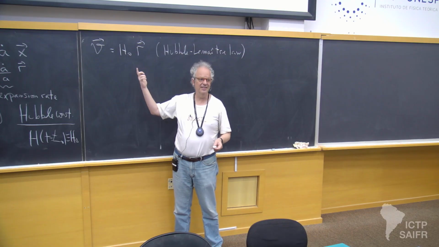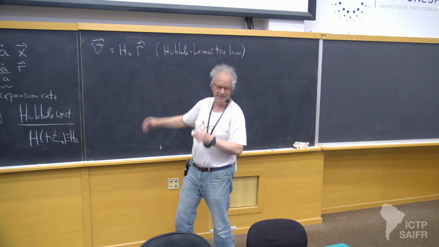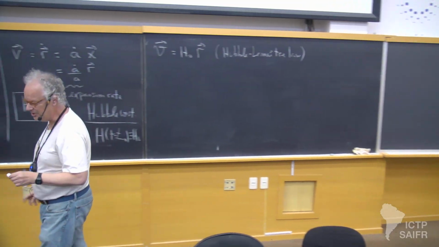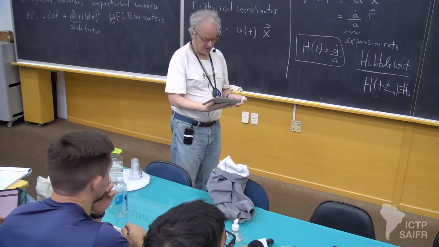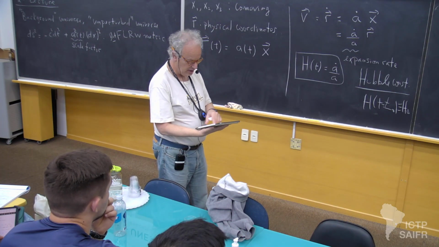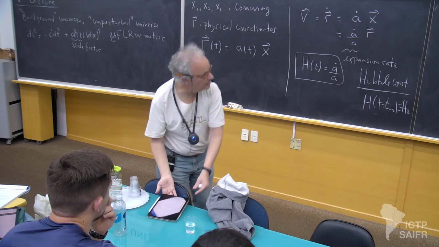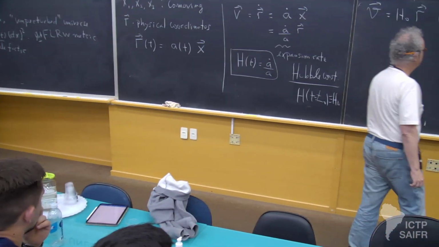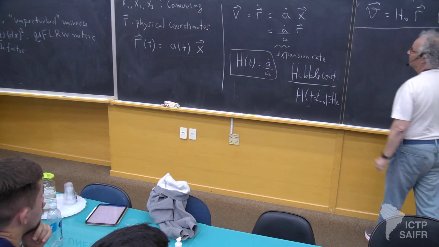So this is valid only on average and at very large distances. Okay. But we are deriving this in a more proper way because this is not very rigorous. Very good. So we're going to see how to derive this in a more proper way later.